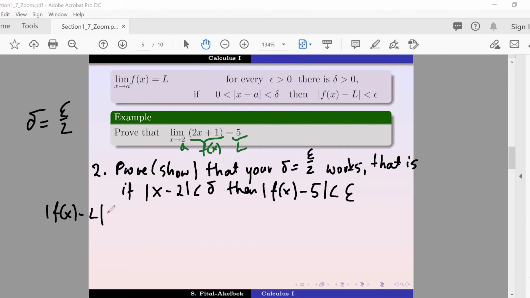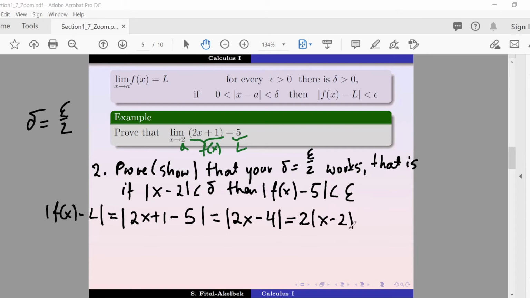This L, I know that is 5, right? So now I substitute f of x, which is 2x plus 1. You can put parentheses if you like, that's fine. Then I have minus L, my L is 5, equals, collecting like terms, 2x minus 4. We can take the 2 out of the bracket: 2 times absolute value x minus 2. And now we apply what we know. We apply our assumption.